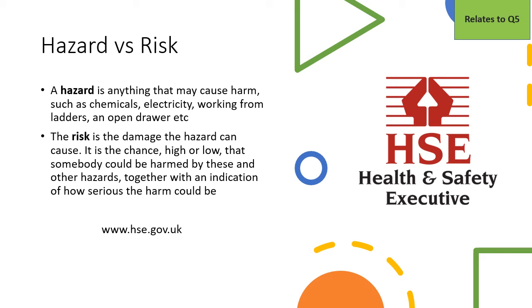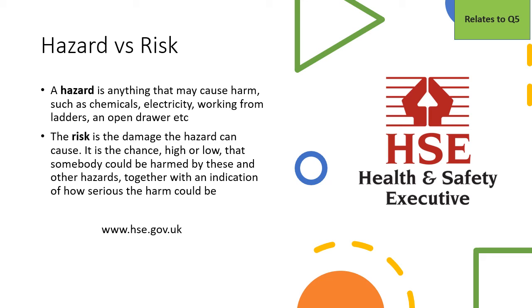So we're now going to look through the next few slides looking at hazards and risks. The first slide here relates to question number 5, and it's just a slide to talk about hazards versus risk. A hazard is anything that may cause harm, such as chemicals, electricity, working from ladders, an open drawer, etc. The risk is the damage the hazard can cause.